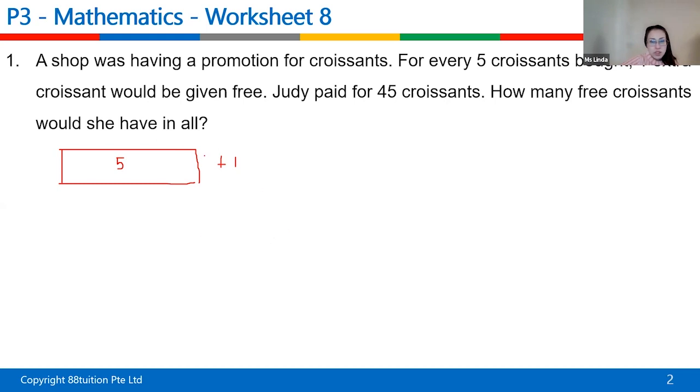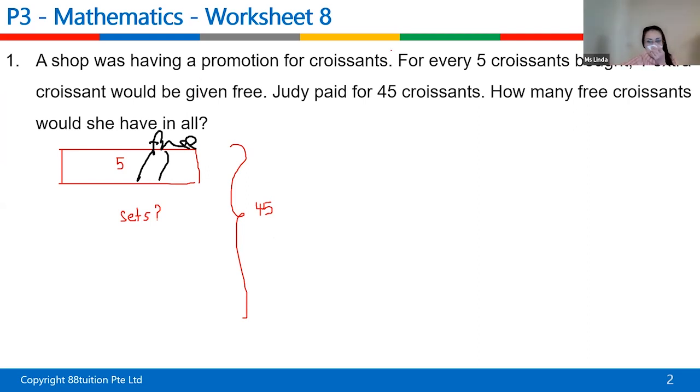Let's not add in the 1 first. Let's put the 1 aside. Let's just say she got every 5 set. 1 set is 5. So if she got 45, how many sets are there? How do we find how many sets?